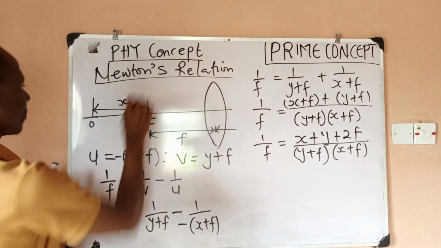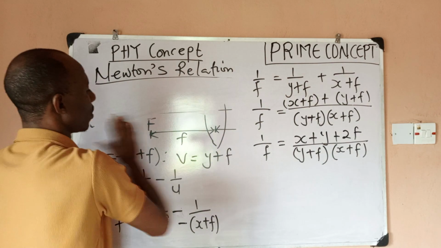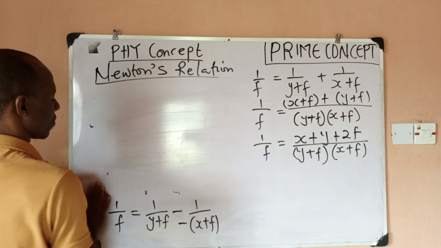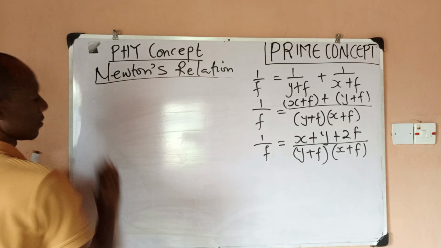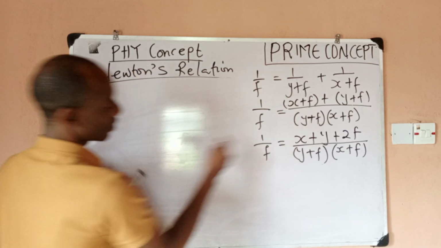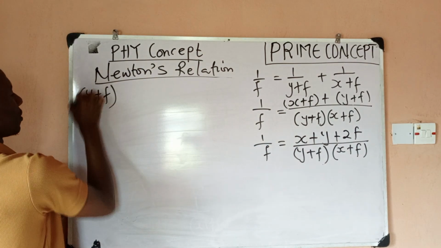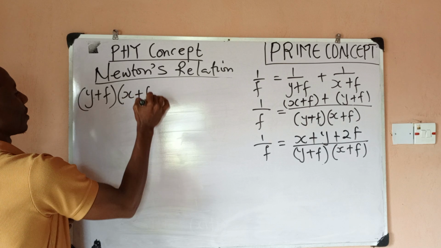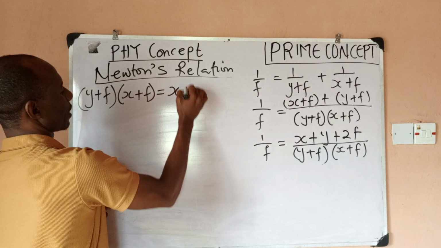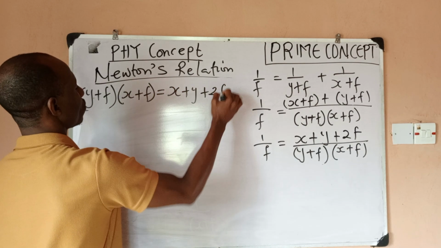So I can cross multiply at this point. If I cross multiply, I would have y plus f into x plus f equals x plus y plus 2f.